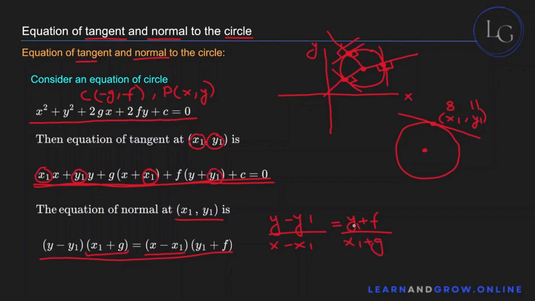So both of these are equivalent, and you can use this equation to find the normal at this point. So basically this line over here, as it's normal to the tangent.